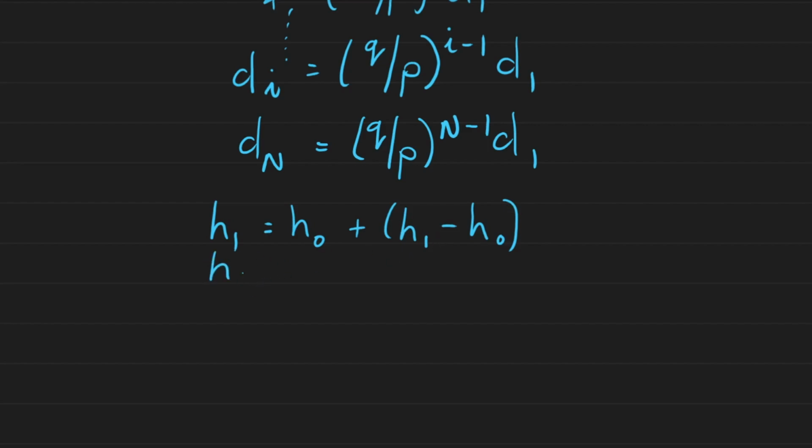But we can write this as h0 plus d1. Remember that di is equal to hi minus h(i-1). We had seen this earlier.